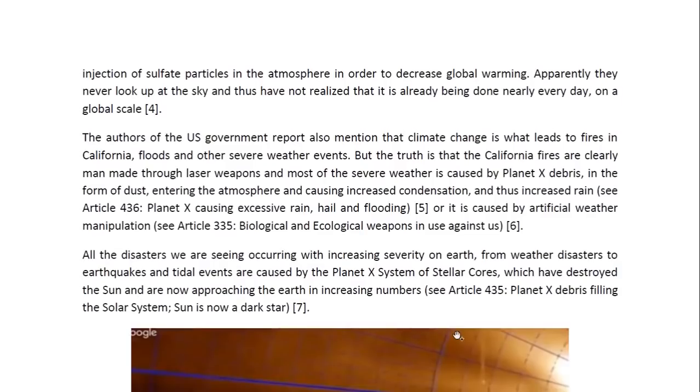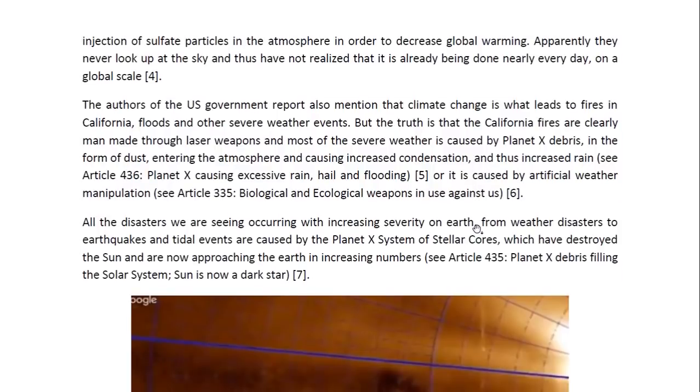However, there is such blatant denial about chemtrails that research scientists from Yale and Harvard have recently published a paper in the Environmental Research Letters Journal proposing aerosol injection of sulfate particles in the atmosphere in order to decrease global warming. Apparently, they never look up at the sky and thus have not realized that it is already being done nearly every day on a global scale.